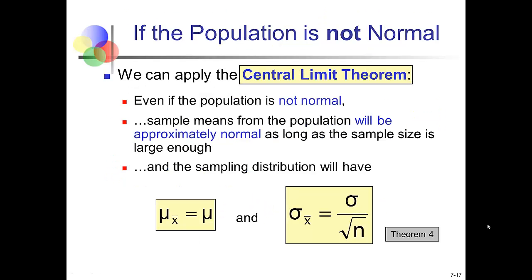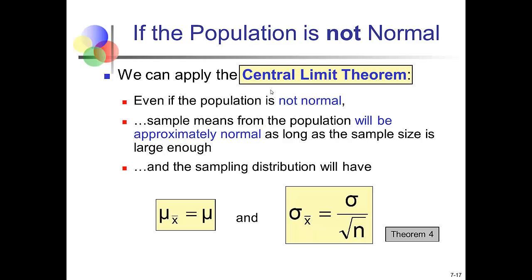We've assumed in that previous example that the population was normally distributed, which means that automatically the sampling distribution will be normally distributed. But what if the population is not normally distributed? Well, if it's not normally distributed, under some cases, the sampling distribution will still be normally distributed, or at least approximately normally distributed.